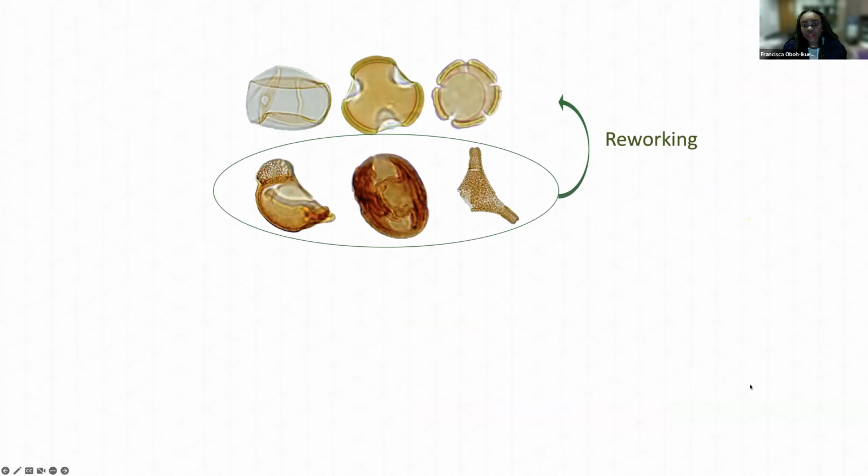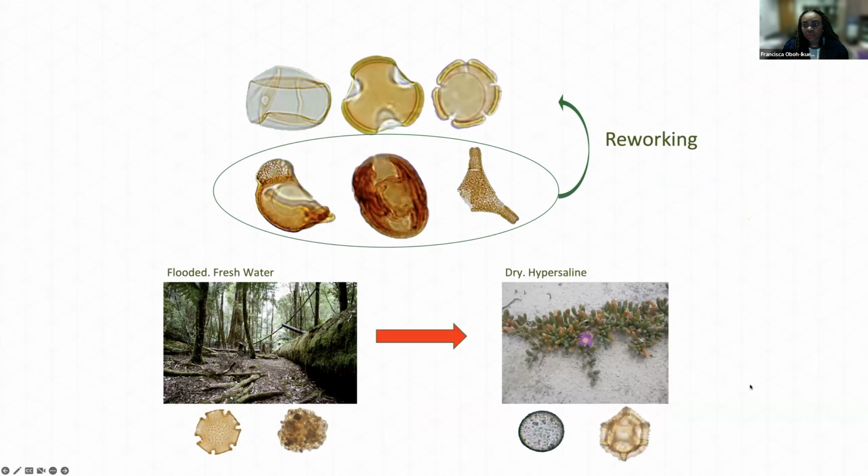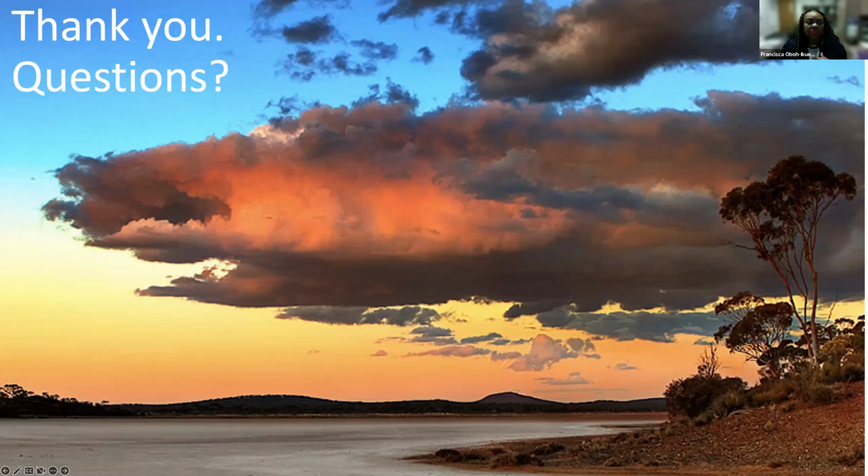So we saw that evidence of reworking. We find that the refugium that was reported was not a refugium, but reworking, and then we had dry hypersaline conditions from the post-Eocene to modern times. And that's where I stop my presentation. I hope I did not go over. Thank you so much for your attention.